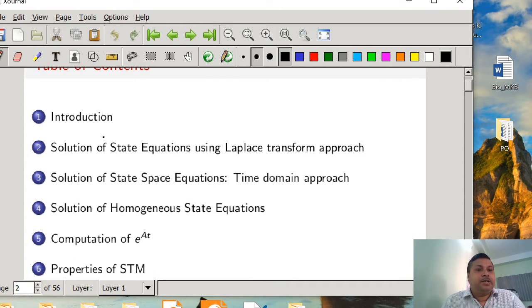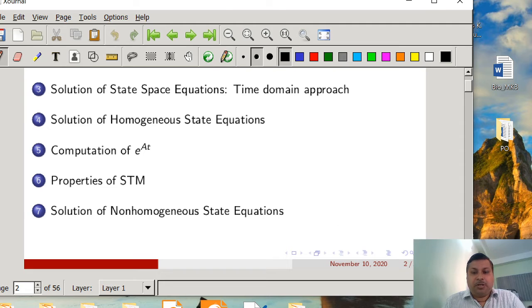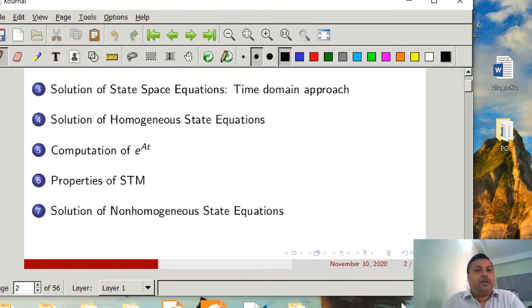with the coming lectures. The introduction, then we are going to understand the solution of state equation using the Laplace transform approach, the solution of state space equation using the time domain approach, then the solution of the homogeneous state equation.